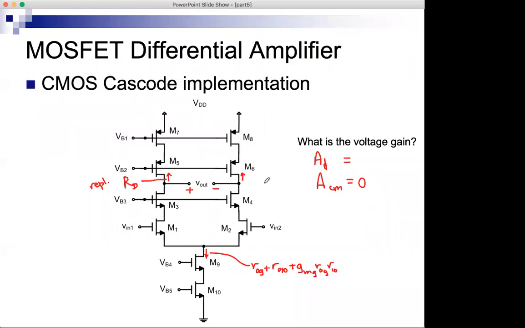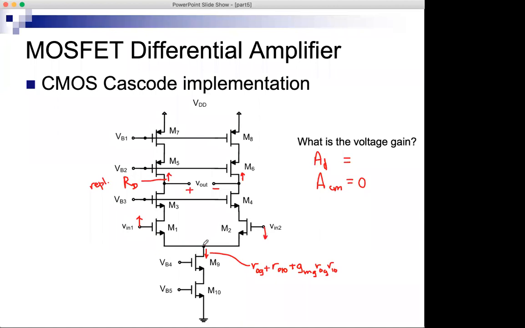What about AD? AD is when I have differential inputs. So when this is VID over 2 and when this is minus VID over 2. And I have to find Vout over VID, the difference between them. All right, if I have VID over 2, if this goes up by this much, this will go down by the exact same amount.